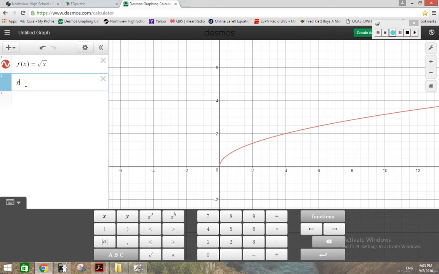So this first graph is going to take the parent function, and shifting it to the left is actually plus 1.